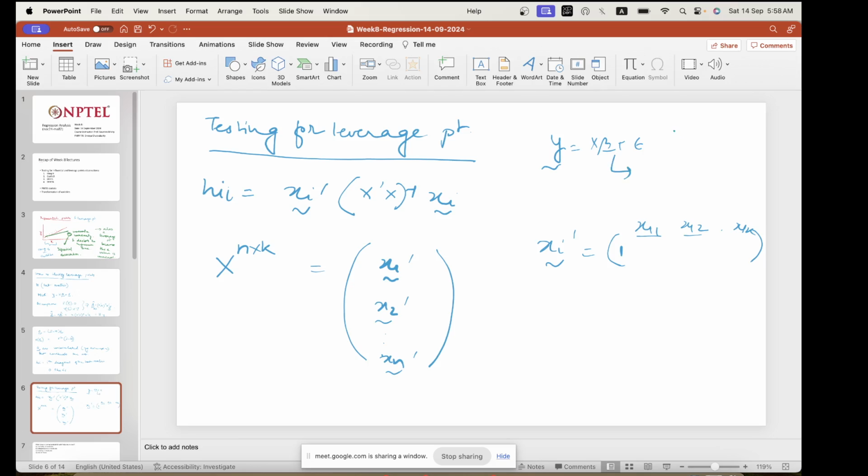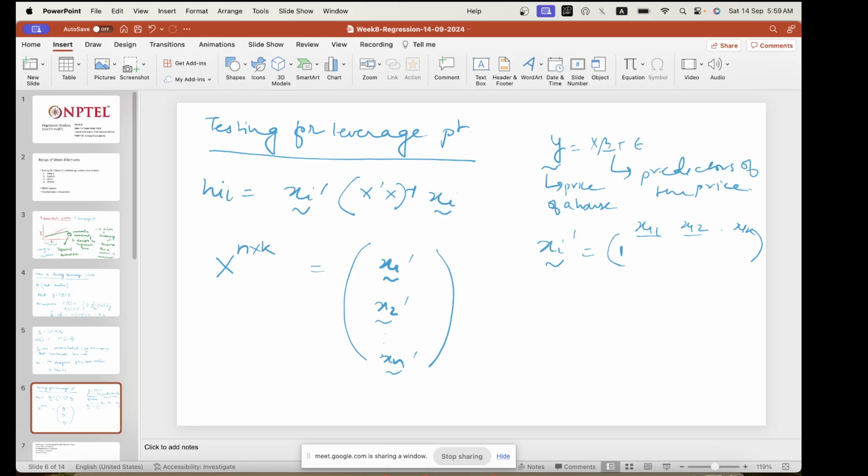Let us consider the example of y equals X beta plus epsilon, where y is the price of a house and these are the predictors of the said price. So this could be the variable on predictor 1, the variable on predictor 2, and the variable on predictor k.